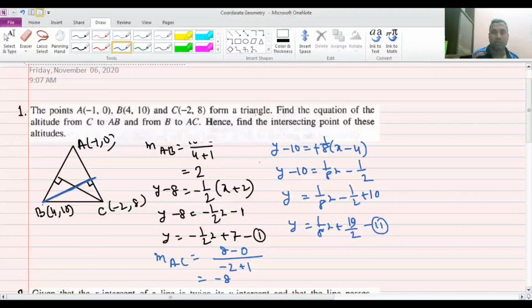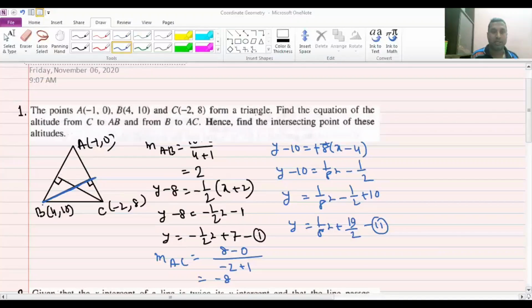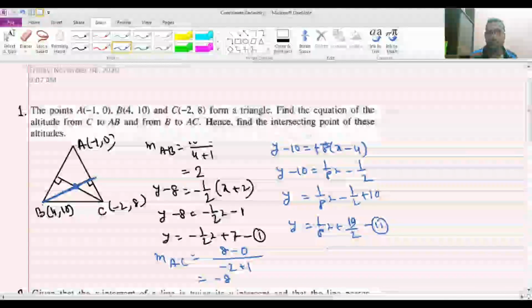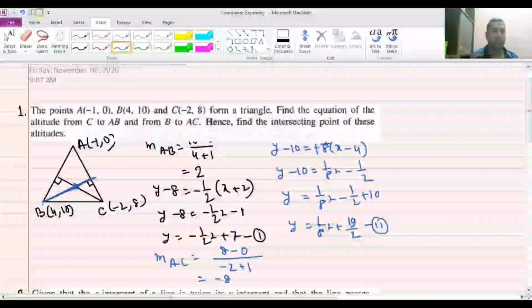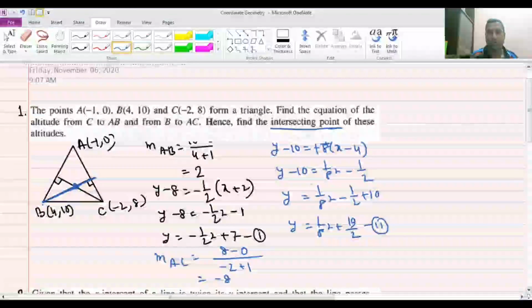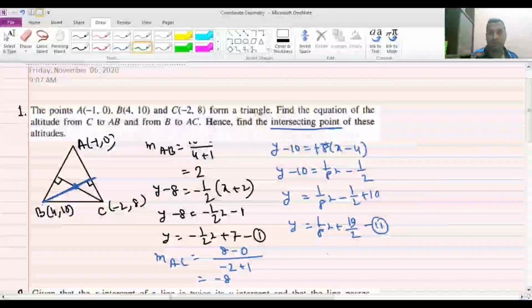Equation 1 is the altitude from C to AB, and equation 2 is the altitude from B to AC. Since these two lines intersect at this point, we will solve the two equations simultaneously to find the intersecting point.